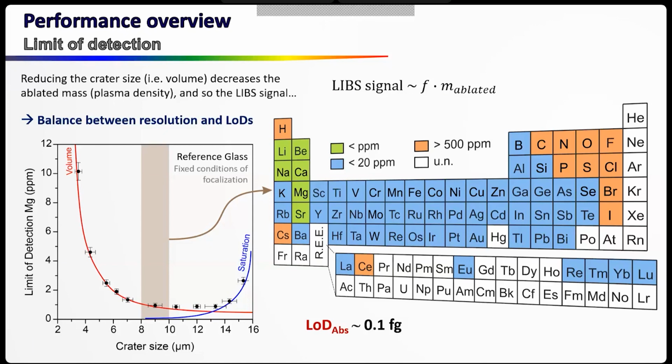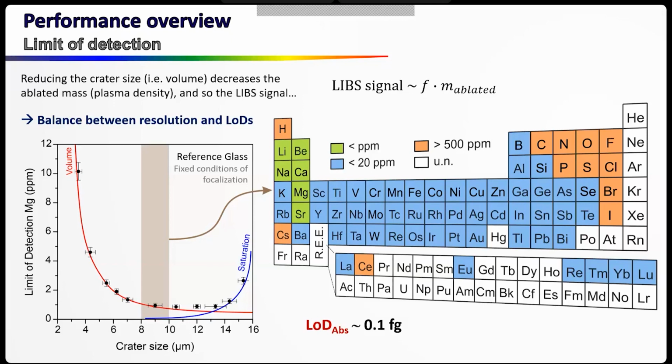Unfortunately, for halogens and organics, this is dramatic, especially for halogens. It's because all these elements have a very high excitation level, and we don't have enough energy to excite them properly. So in this case, we are more in the percent scale.